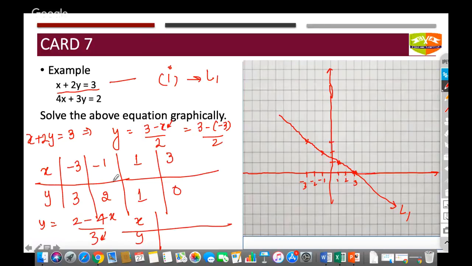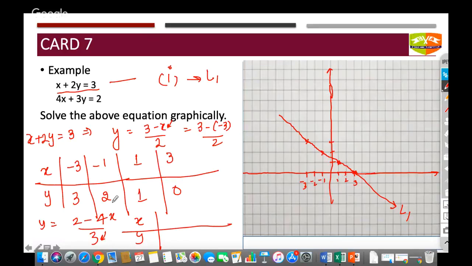Just to make things easier, I'm trying to take only such values of x which will give me non-decimal values of y. There is absolutely no problem if you find a value of y which is a decimal. It's just that in the graph paper, you have to select such a point properly, and then draw that line.